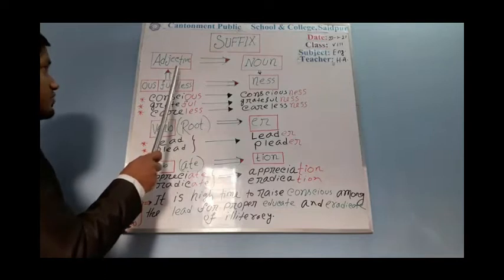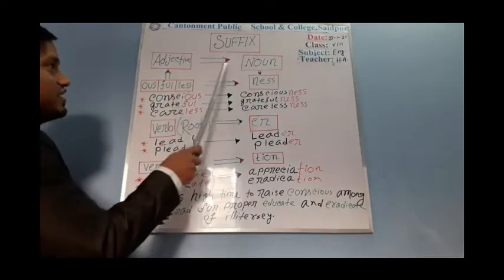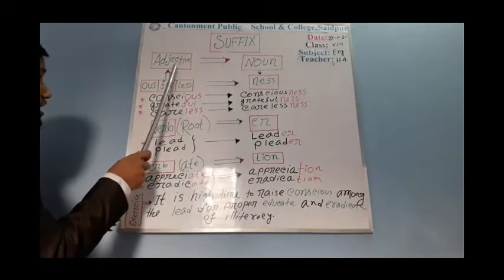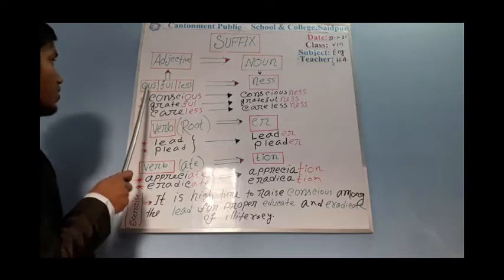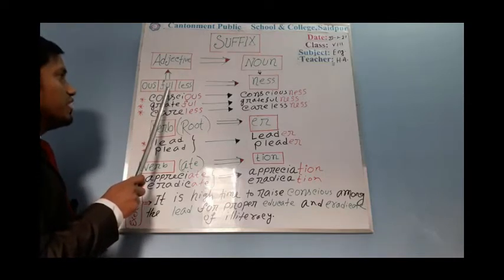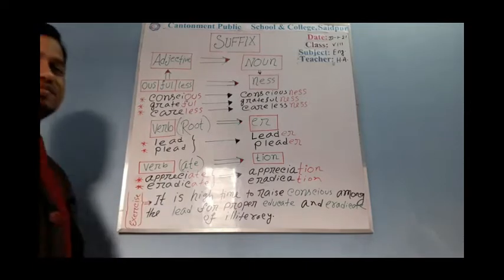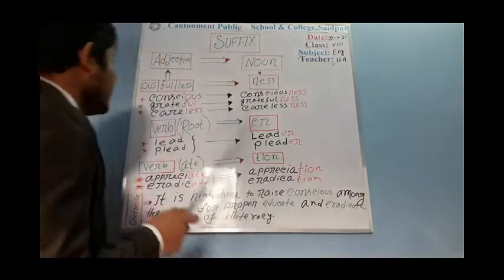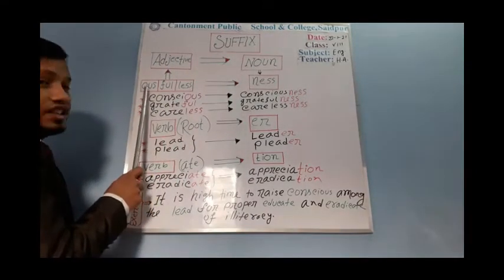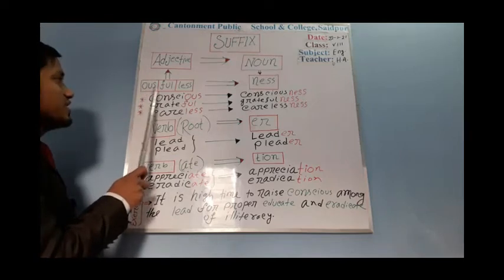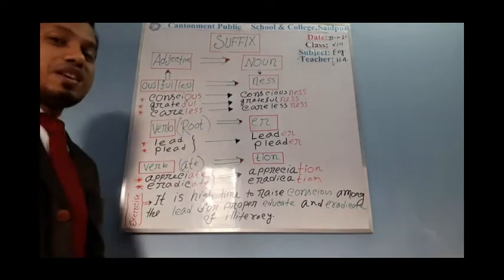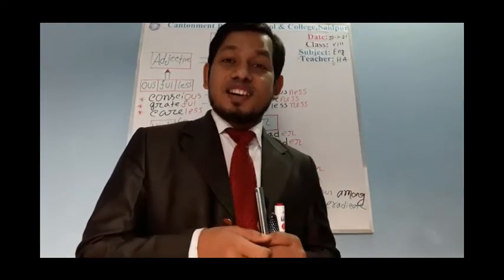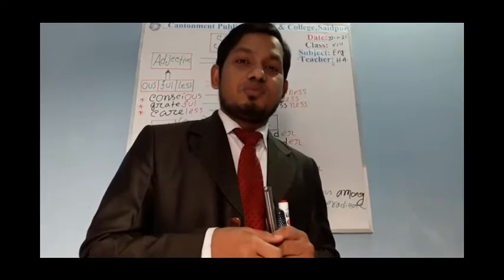Learners, here you can see adjective, then noun. In the adjective section you can see here OUS, FUL, LESS. I want to make sure that any time you get any word ending with OUS, FUL, LESS, you must be sure that those words are adjectives in the sense of parts of speech in grammar.